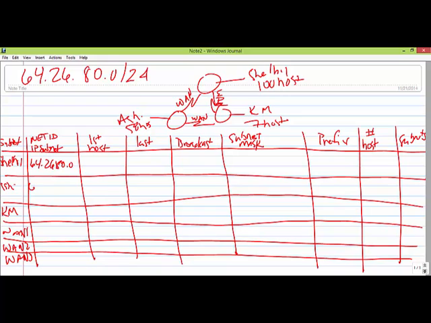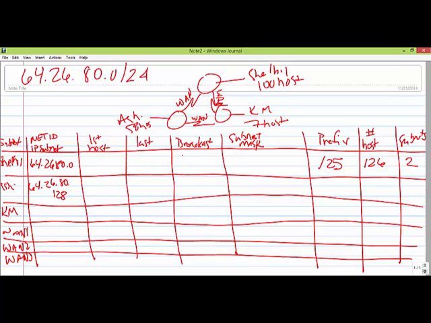So I know that my next one will start at 64.26.80, and I'm going to add 128 to my 0, so it starts at 128. The prefix I'm using is 25. I have a possible usable host of 126, and I've got possible 2 subnets at this location. So then I can start working out the rest of the information I need.